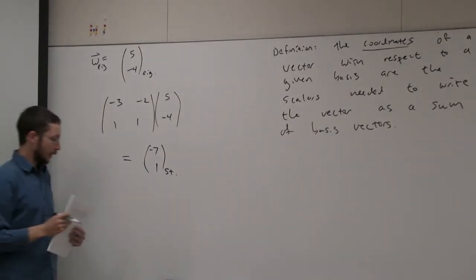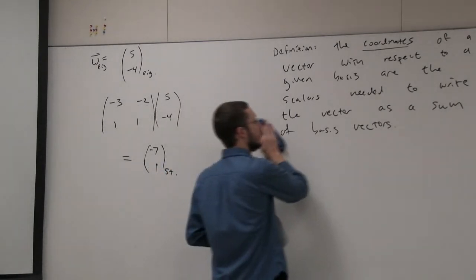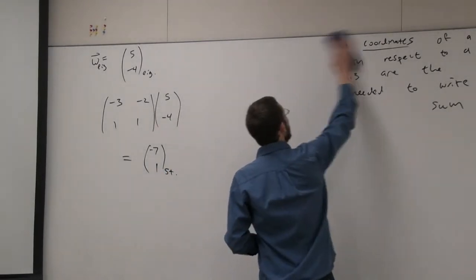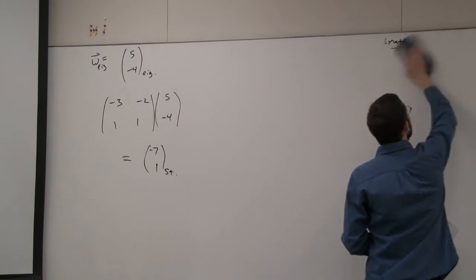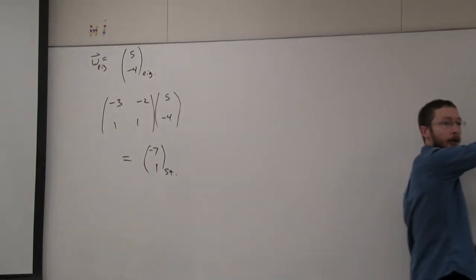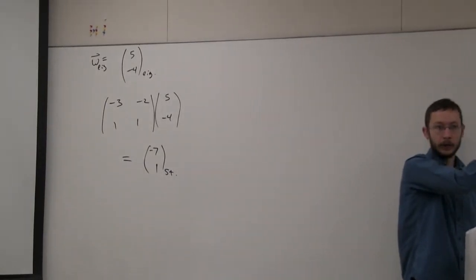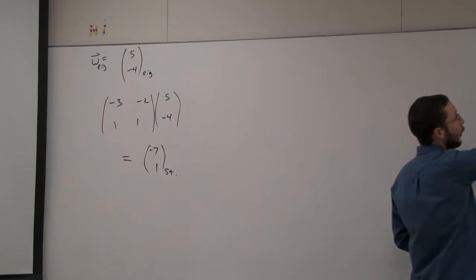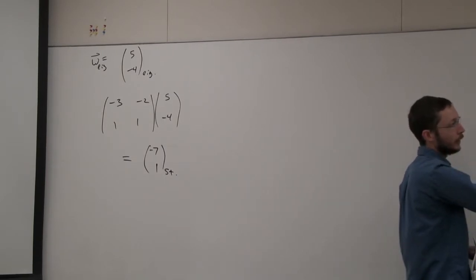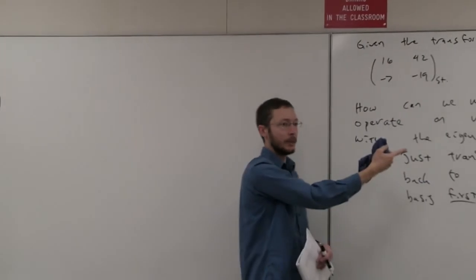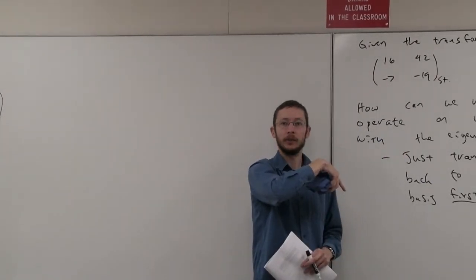So we have reached the point now where we know how to make this matrix operate on vectors written in terms of the eigenbasis. All we have to do is transform the vector written in terms of the eigenbasis back to the standard basis first, right?